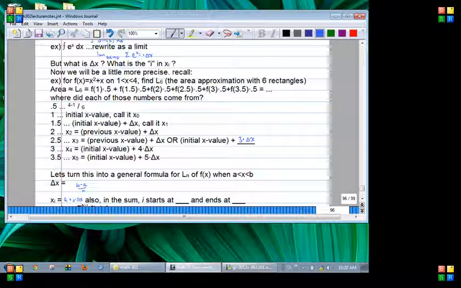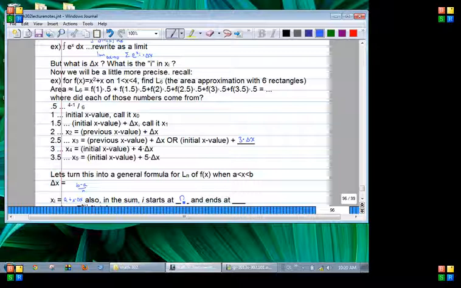Now also, for all our xi values, i starts at what number and goes to what number? Remember, i is the index. That's actually where i comes from. It stands for index. It's the index that counts where we are. So the way that I wrote this out, where did i start at?